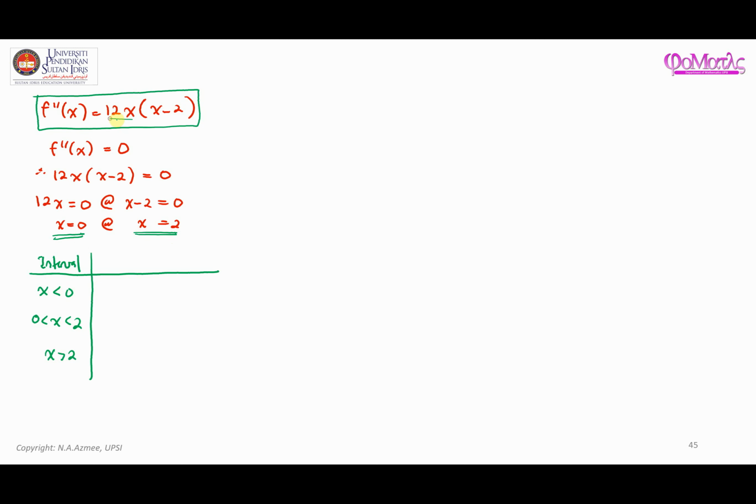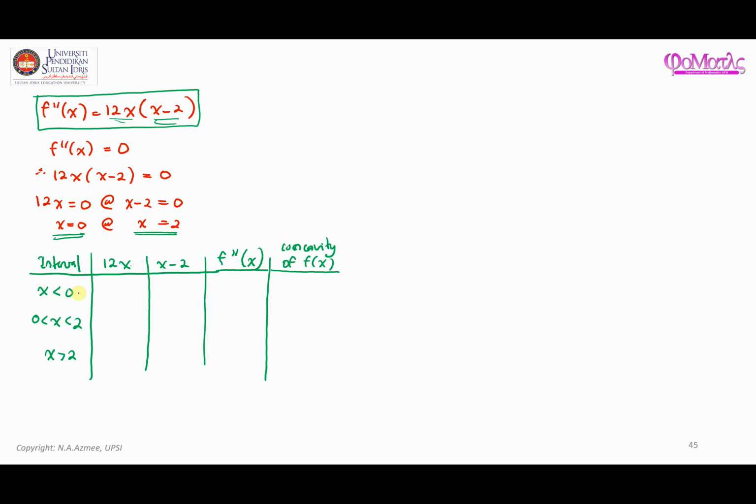And we are going to study the behavior of the second derivative. So here we have the first factor, which is 12x, and then we have the second factor, which is x minus 2. Multiplying these two factors will give you the sign of the second derivative, and based on that we can determine the concavity of the original graph, which is f(x).